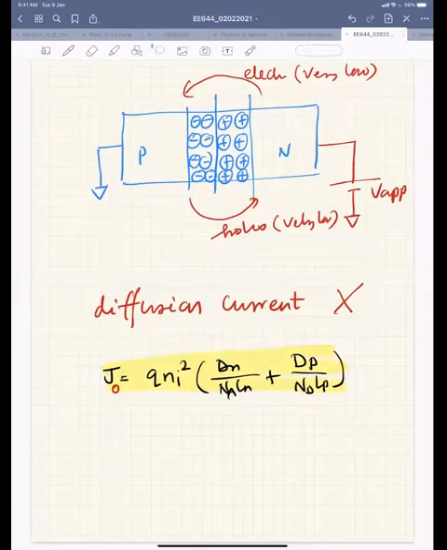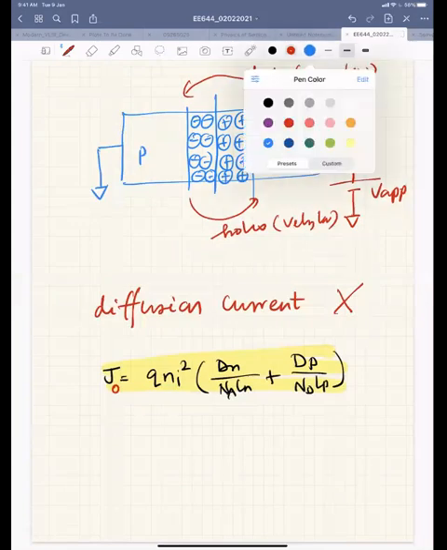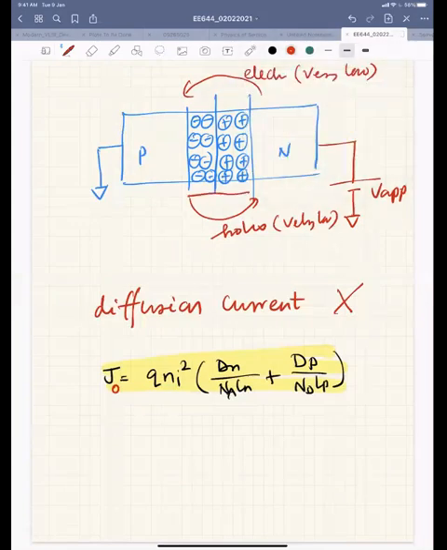This current here is because of minority carriers, because you have an electric field here, and this electric field is very large. In the reverse bias your electric field is very large, because the field depends on the applied voltage across the junction, and we'll see that later.